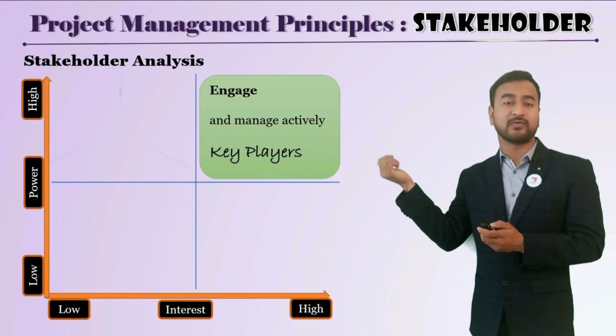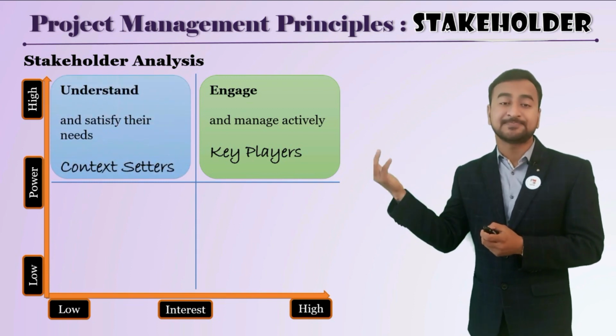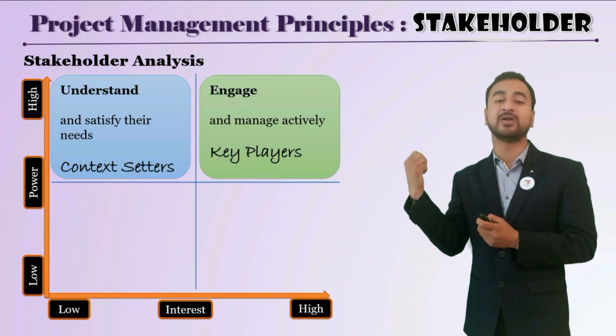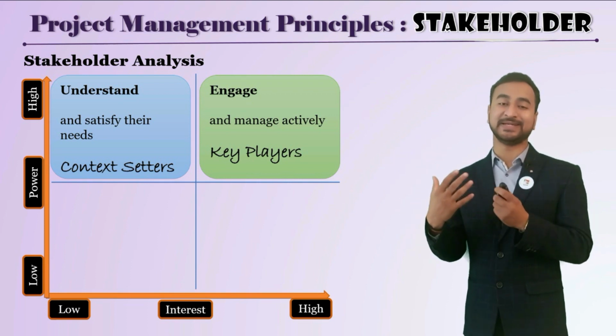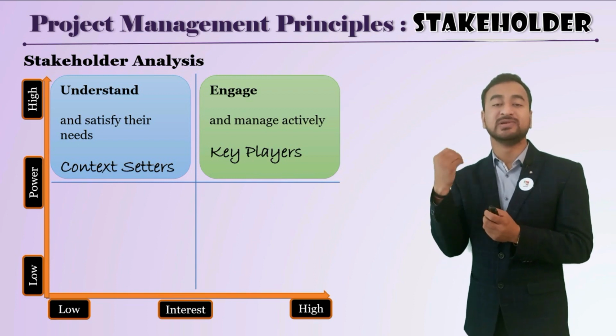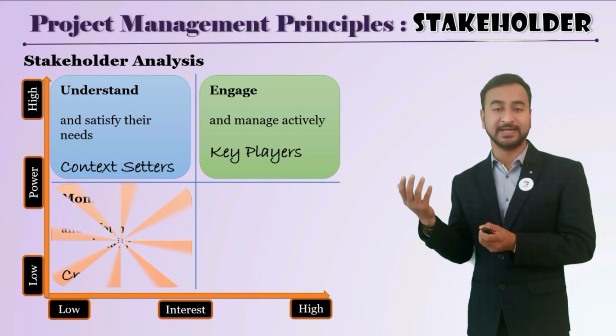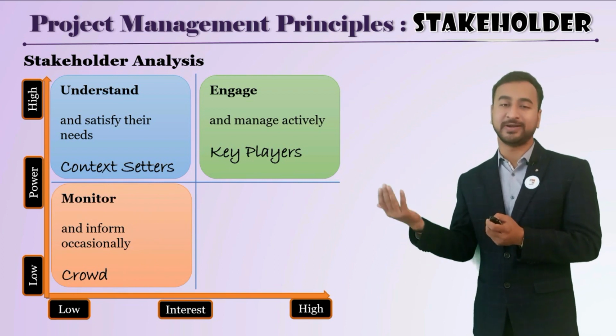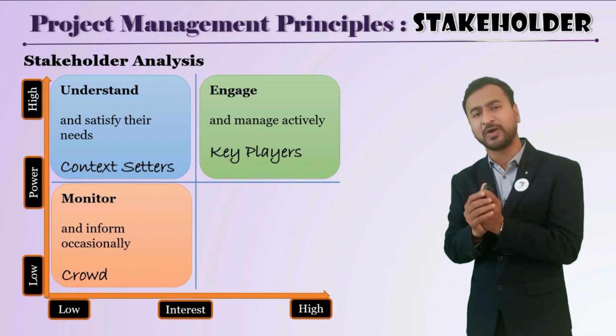The second quadrant we are discussing is the context setter, or we can say those who have high power but low interest in your project. You need to satisfy their needs. Then there is a crowd, who have low power and low interest in your project, so just keep on monitoring them.